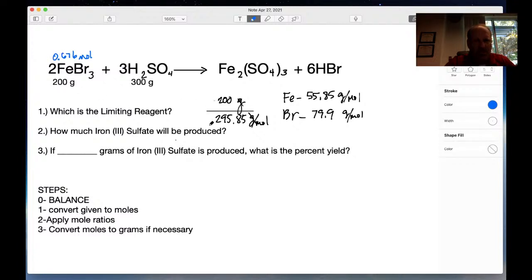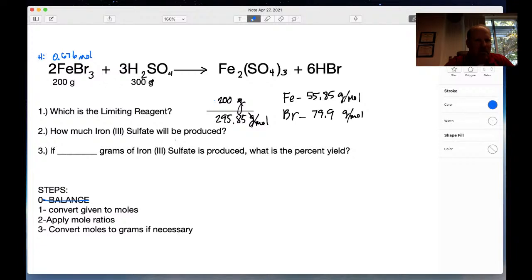So grams divided by molar mass, 200 grams divided by 295.85, gives 0.6766 moles. Okay, so that's our first. Step 0 is balance. Step 1 is convert the given values to moles. That's how much we have.